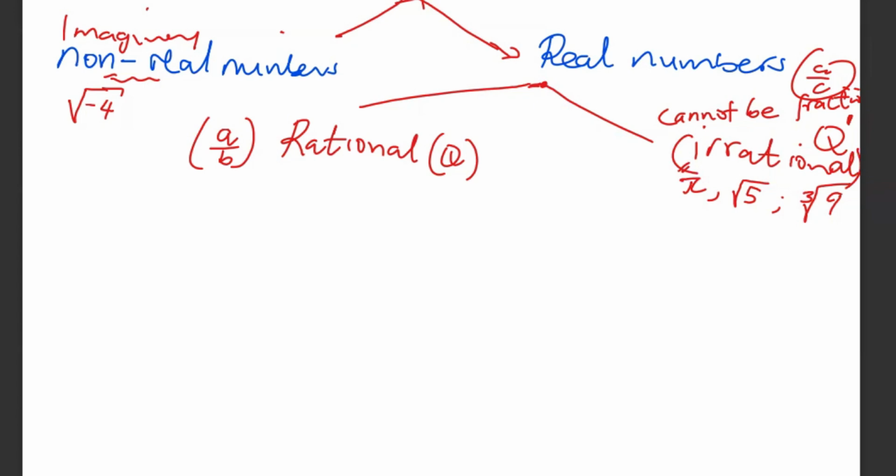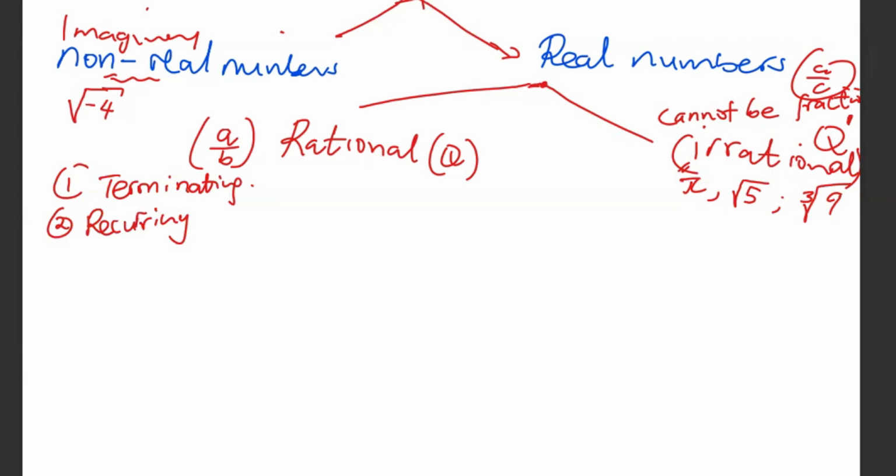Then when it comes to rational, remember we have three aspects of the rational. Number one, we have what we call the terminating fractions. Number two, we have what we call the recurring fractions. These are just examples of rational numbers.